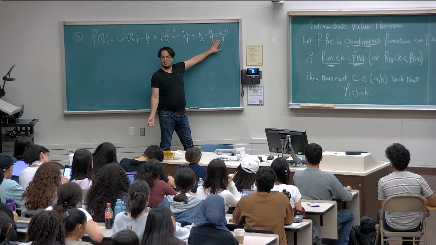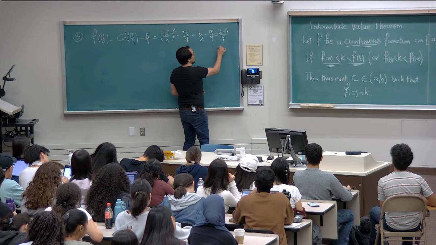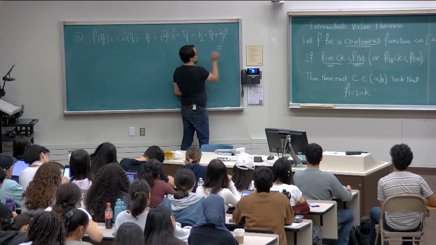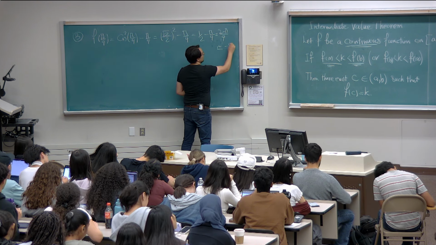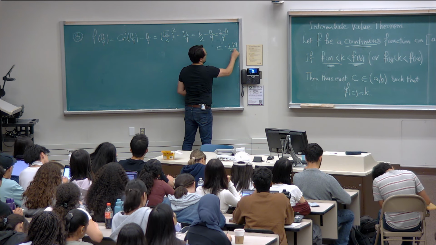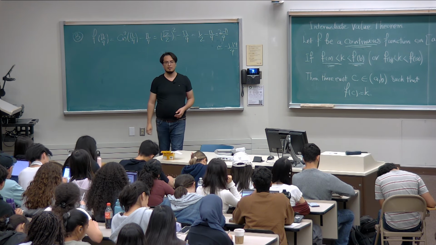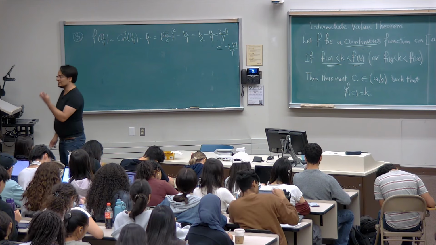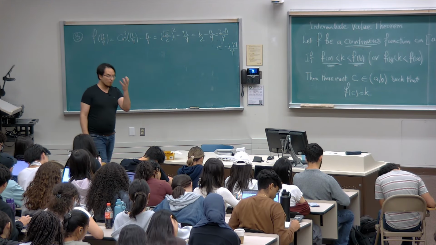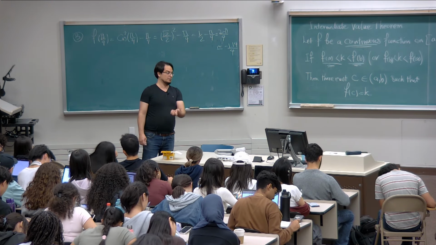Negative. Why? Because I know approximately this is 3.14, 2 minus that is a negative number. Again, the value of the number is not important. Being positive or negative is what we are looking for.